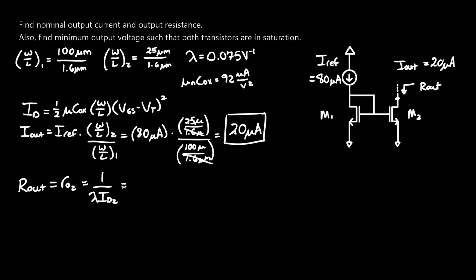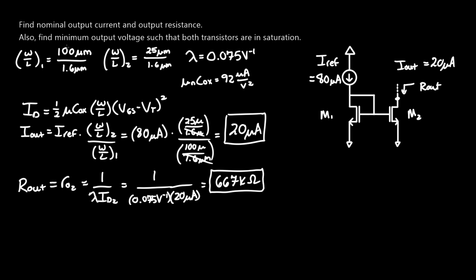We have enough information now to solve for this. It will become 1 over our given lambda of 0.075 inverse volts times our current of 20 microamps. And this gives us 667 kiloohms.